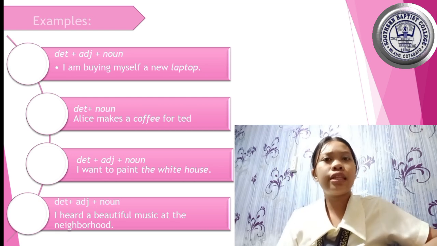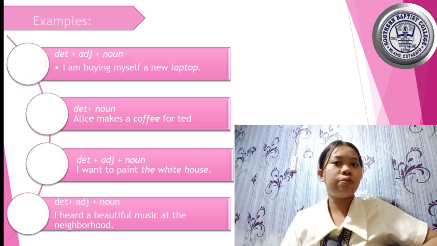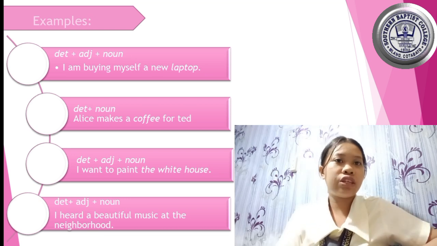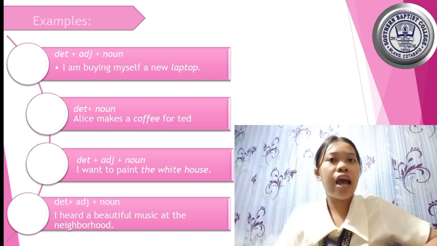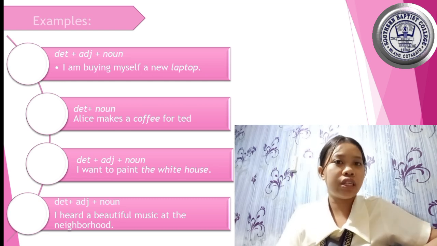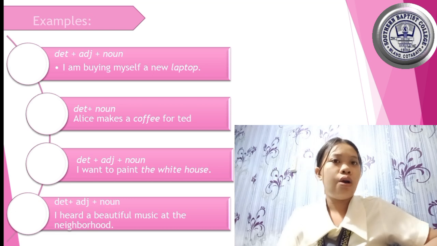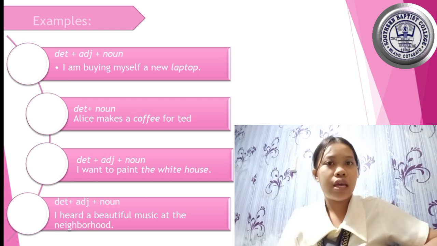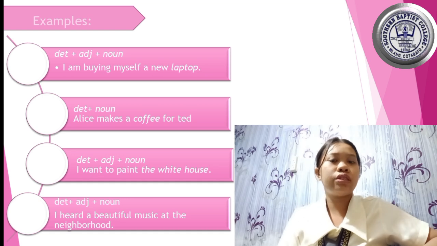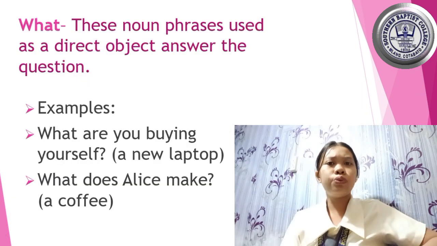So, the italicized strings of words are noun phrases which receive the action of the subject. Coffee receives the action make, and laptop receives the action buying. White House receives the action paint, and beautiful music receives the action heard.